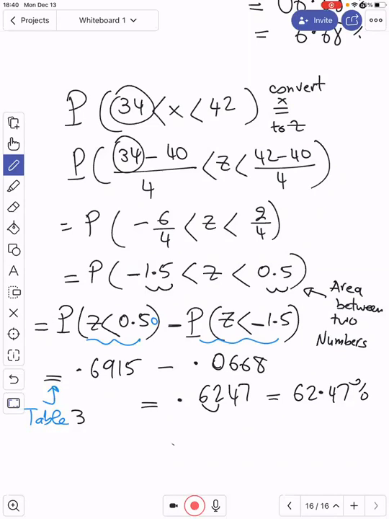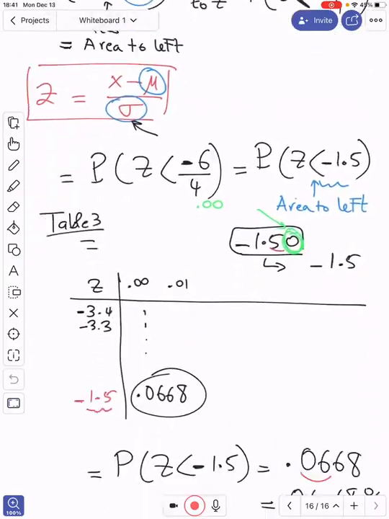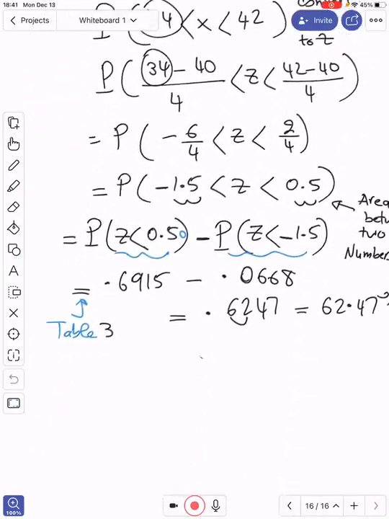All right, now next question. The length of a fish caught in the lake is more than 34. So we had less than a number first, then between two numbers, now it's more than.